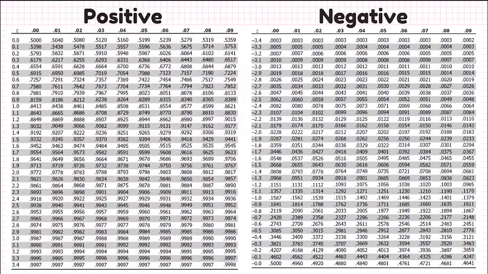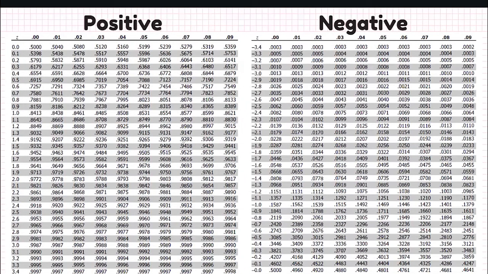We will find the values that are closest to 0.95. So here, the tabular values are 0.9495, the first value that we found, and next is 0.9505.